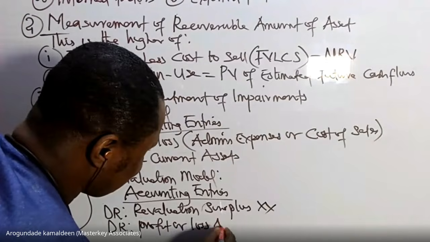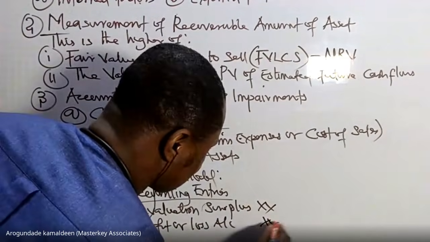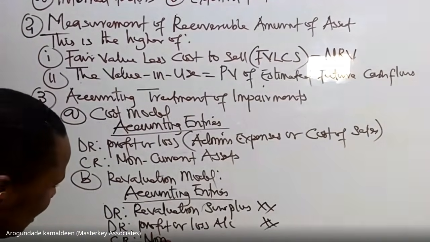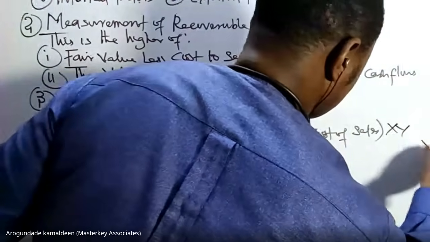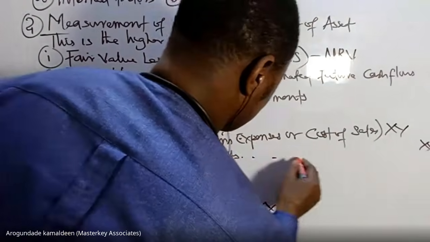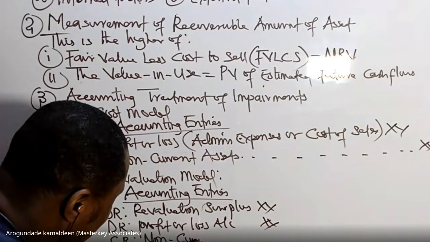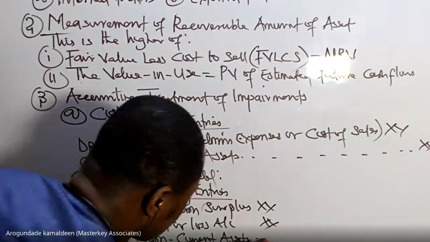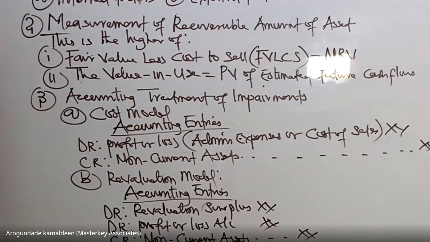You either add to the admin or cost of sales. Then you credit the non-current asset itself. So that is that.